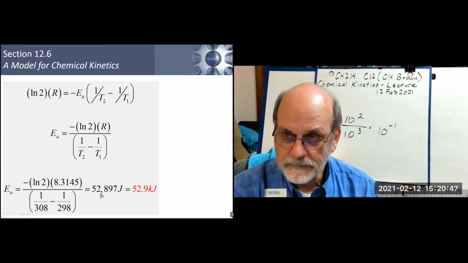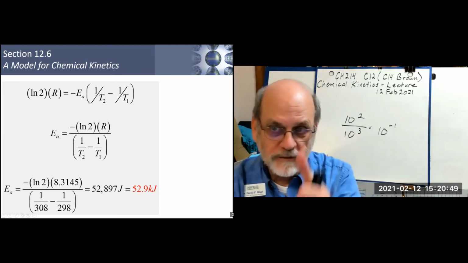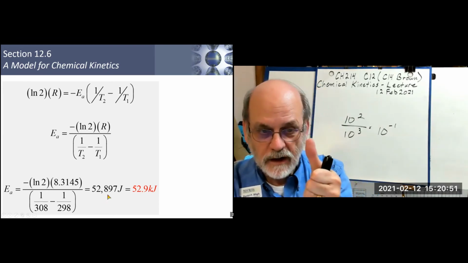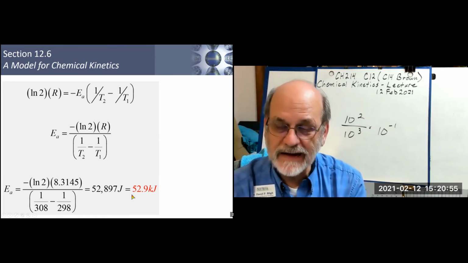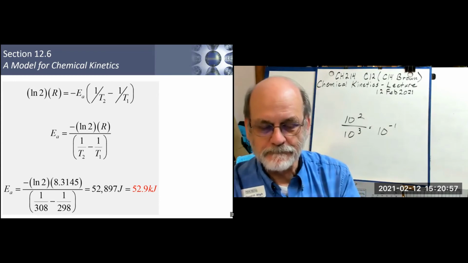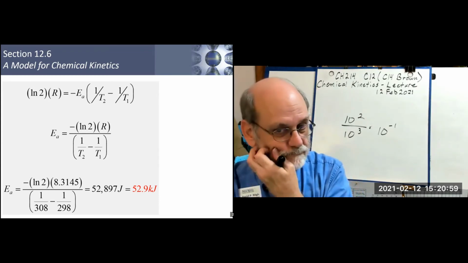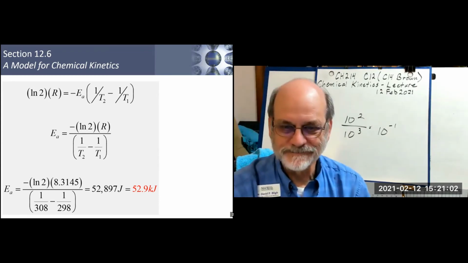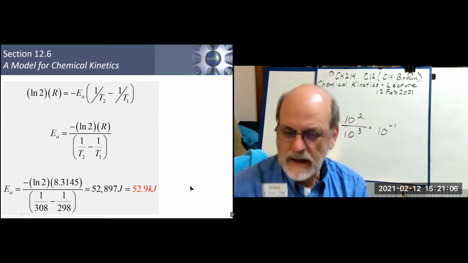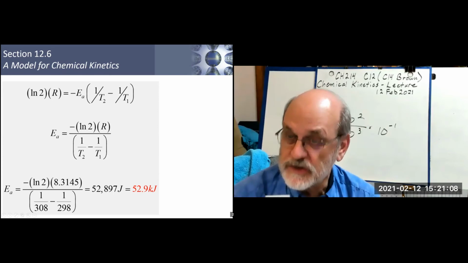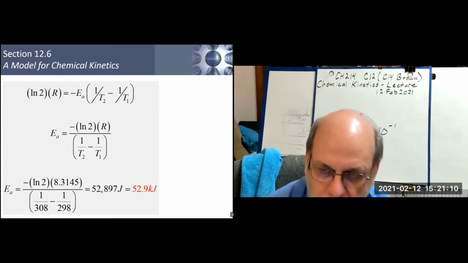And it turns out that for that rule of thumb to be true, the activation energy of the reaction has to be 52.9 kilojoules, which is a lot. But that's one of the reasons that food preservation is so effective.